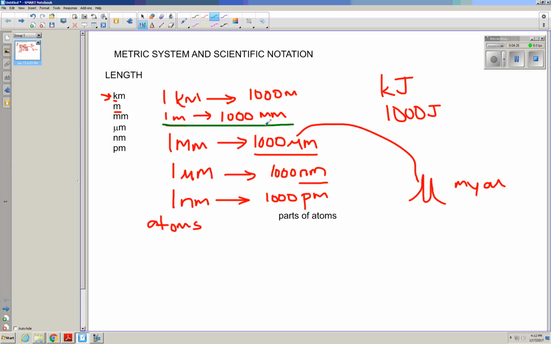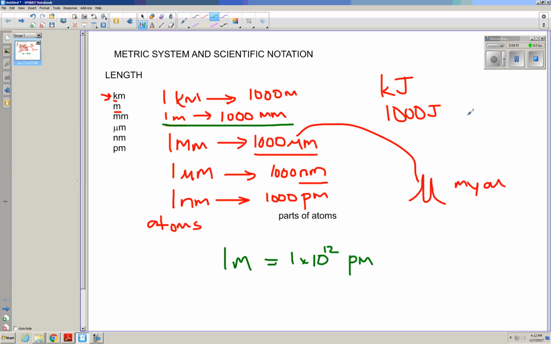If you do the math here, 1,000 times 1,000 times 1,000 times 1,000, you get 1 times 10 to the 12. So 1 meter equals 1 times 10 to the 12 picometers, which is fantastically large.